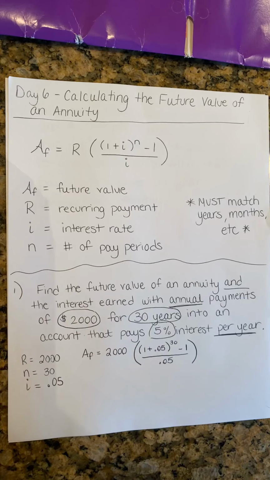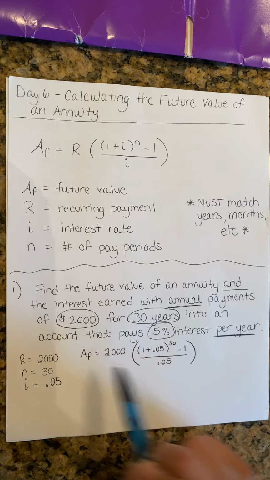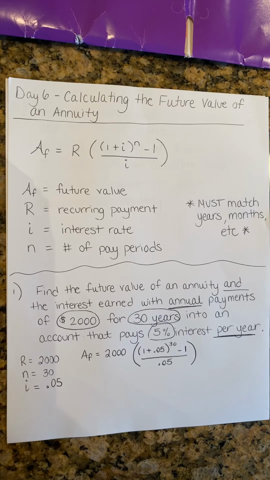Now I'm going to divide it by 0.05, which is 66.438, and then I'm going to times it by 2,000. I messed mine up. 1 plus 0.05 raised to the 30th, -1 divided by 0.05 times 2,000.